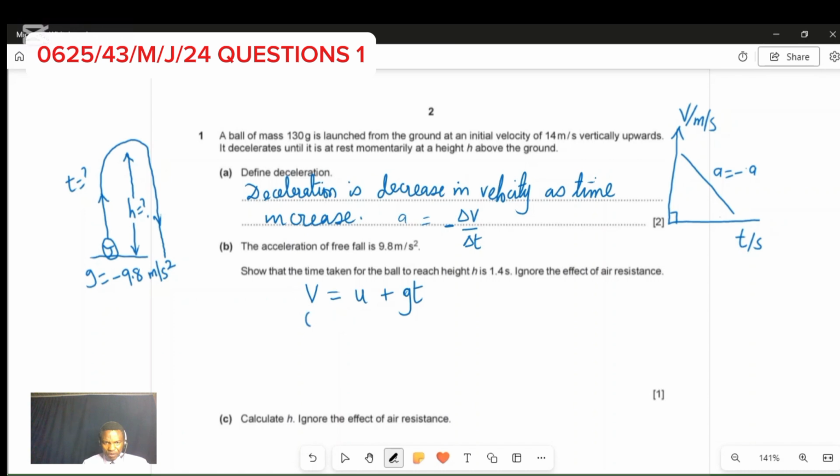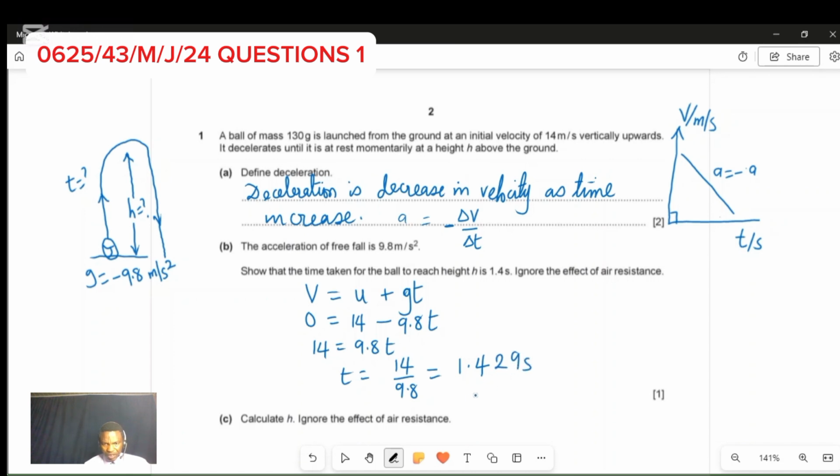So we have 0 is equal to 14 minus 9.8t, and then 14 is equal to 9.8t, t is equal to 14 divided by 9.8, which is equal to 1.429 seconds.